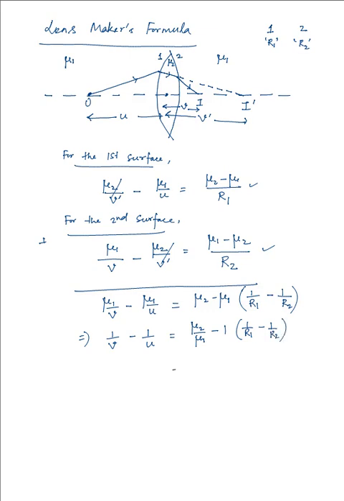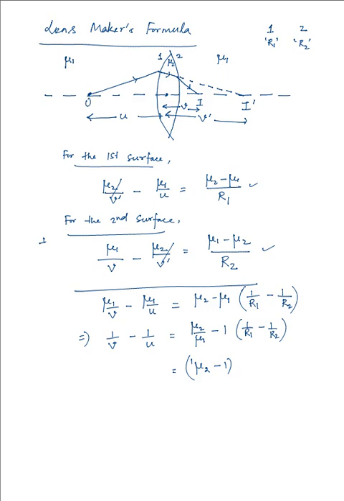Now, as you know, the refractive indices, when taken in that fashion, we have discussed already during the starting video, that mu2 over mu1, that is the absolute refractive index of the second with respect to the absolute refractive index of the first, is nothing but the refractive index of the second with respect to that of the first. So this is mu2 with respect to 1.